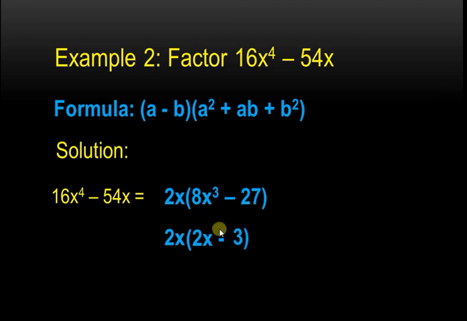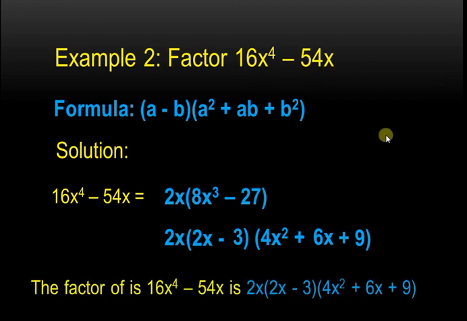That is 3. So for the second part, square the first term here, which is 2x. So it becomes 4x squared. Multiply 2x and 3. Again, from the formula, we put plus here. So we have 6x. Then square the last term, and we have 9. This is already the complete factorization of 16x to the fourth minus 54x.